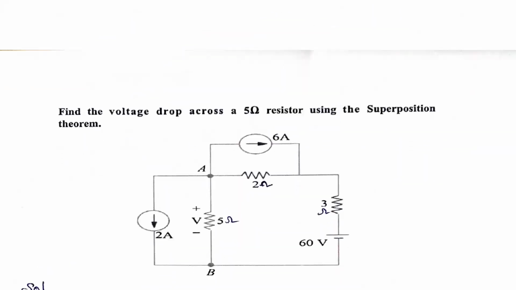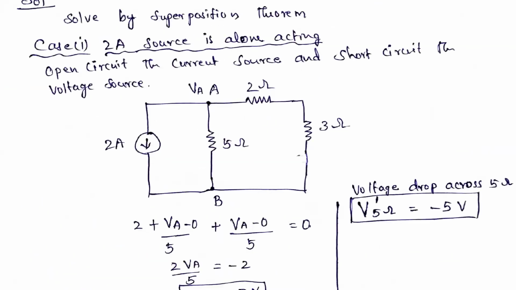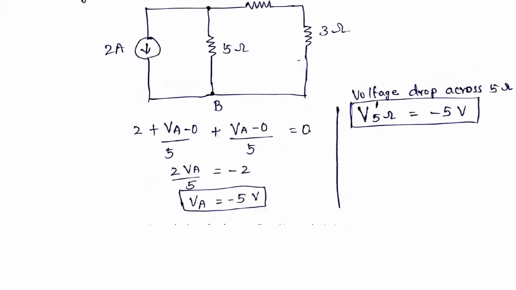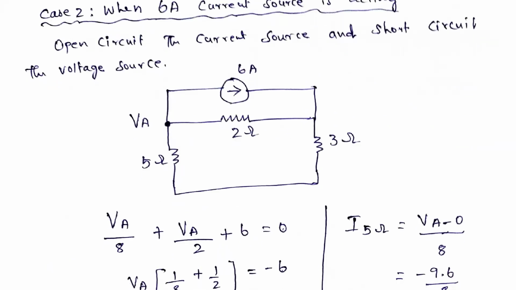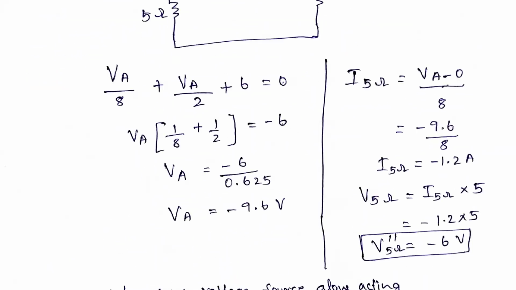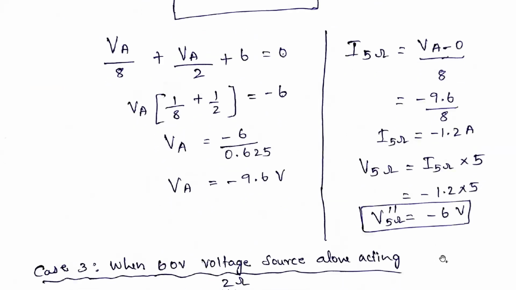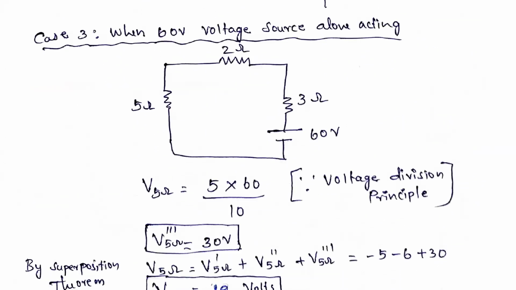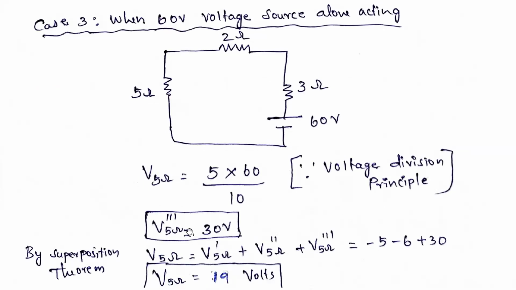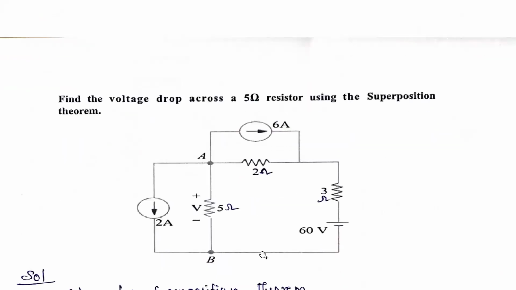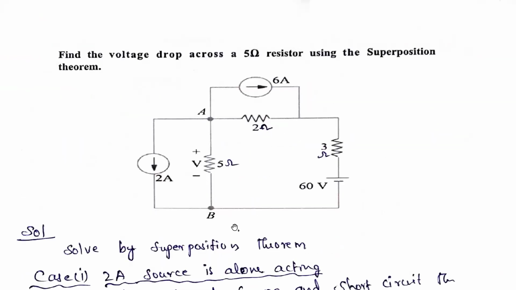V dash we got as minus 5 volts, V double dash as minus 6 volts, and V triple dash as 30 volts. So minus 5 minus 6 plus 30, that is V 5 ohms equal to 19 volts by using the superposition theorem. So this is the answer for this particular problem shown in the figure.